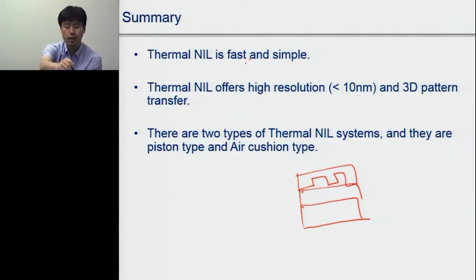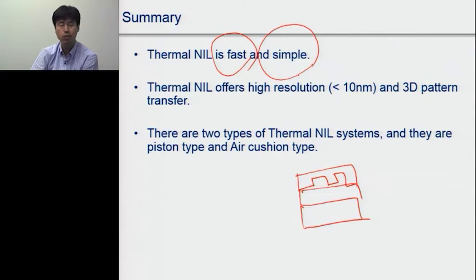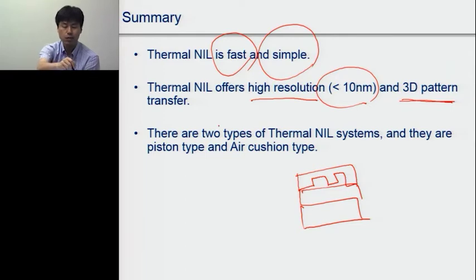It is fast and simple. Thermal nanoimprinting lithography offers very high resolution images, and it also offers three-dimensional pattern transfer with a single process. For the systems used for this, there are the piston type and the air cushion type.